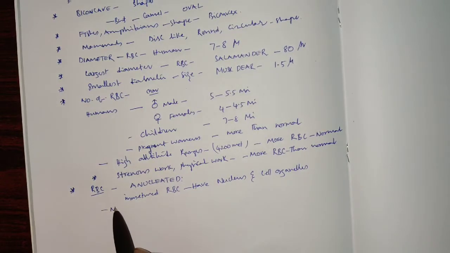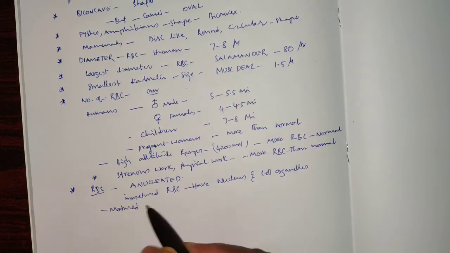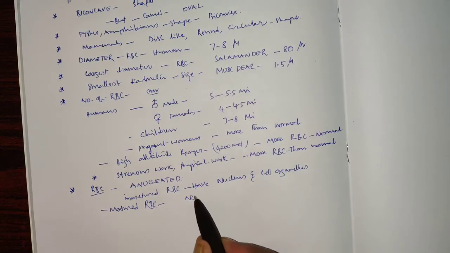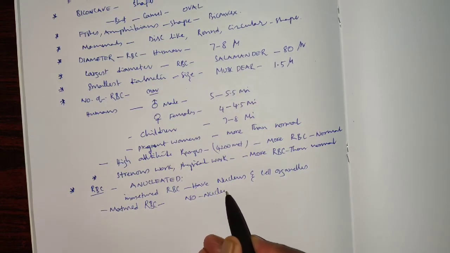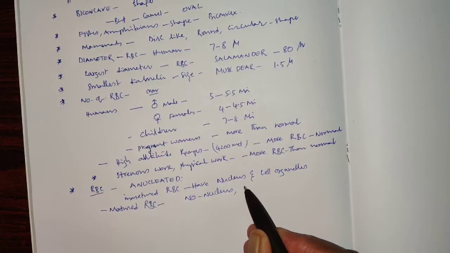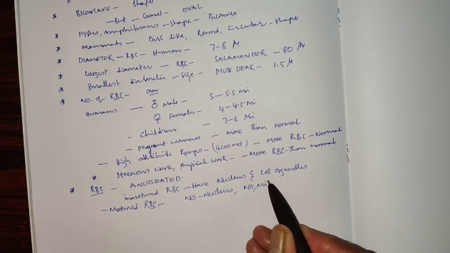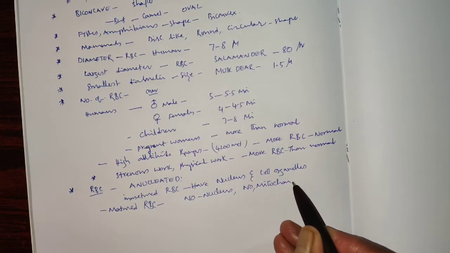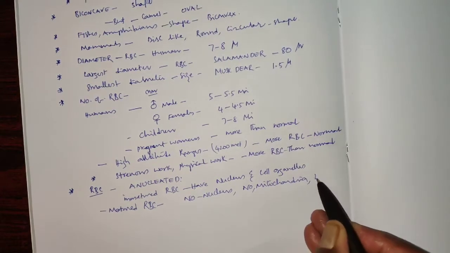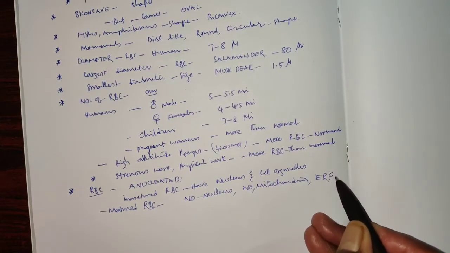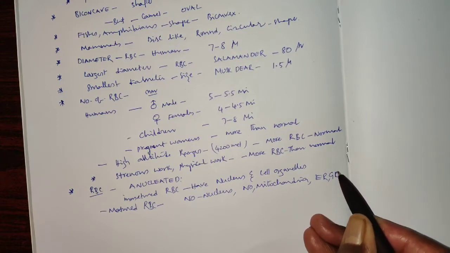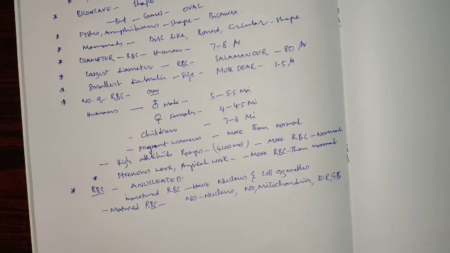But in matured RBC, formed by erythropoiesis, there is no nucleus and no organelles like mitochondria, endoplasmic reticulum, Golgi bodies or Golgi complex, etc.